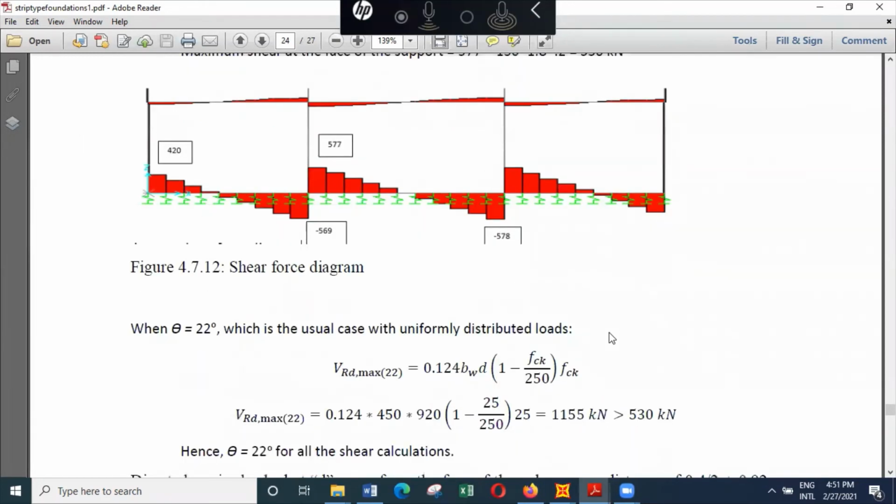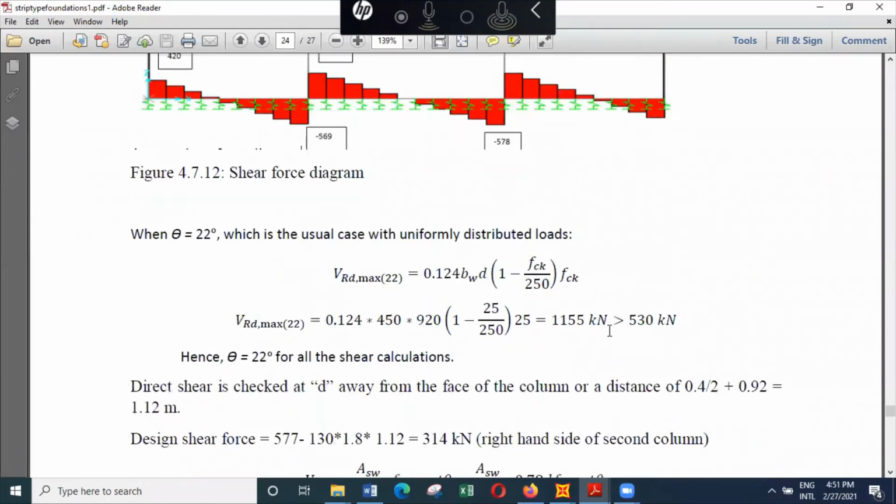So you can check at the face of the column what the shear force carrying capacity is, and the shear force carrying capacity depends on the cross section of the web of the beam. Web has a width of 450 millimeters and it has an effective depth of 920 millimeters.